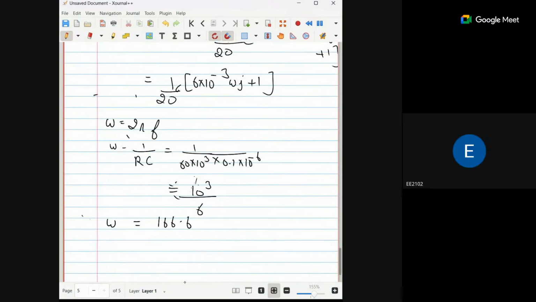The gain is 1 into 10 to the power minus 3 into 6.6 plus 1.